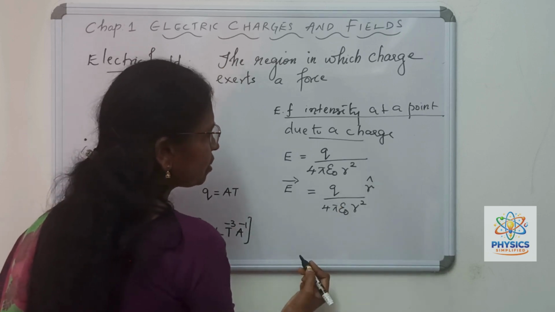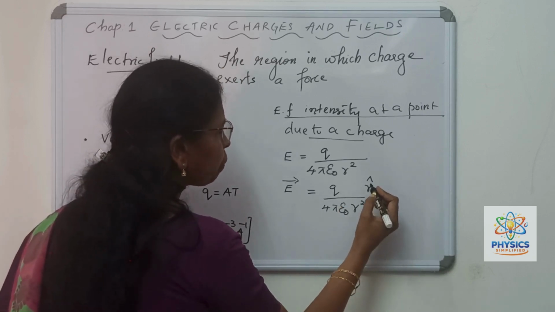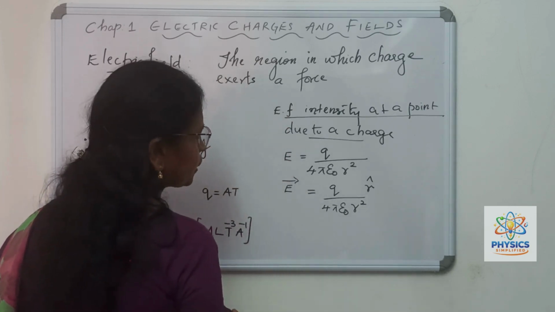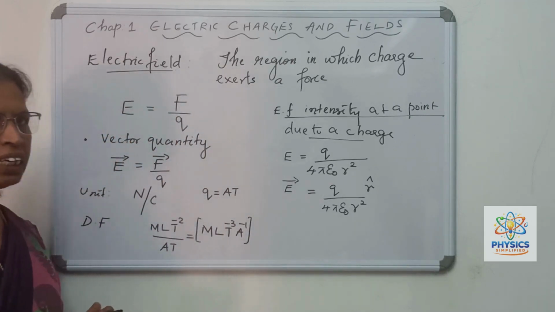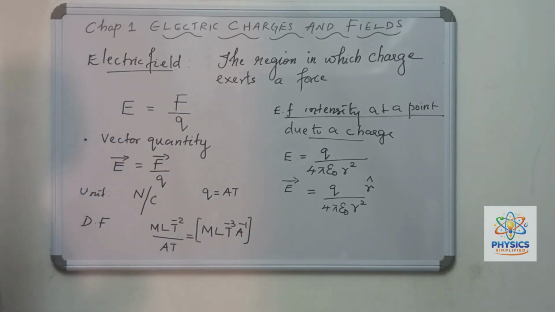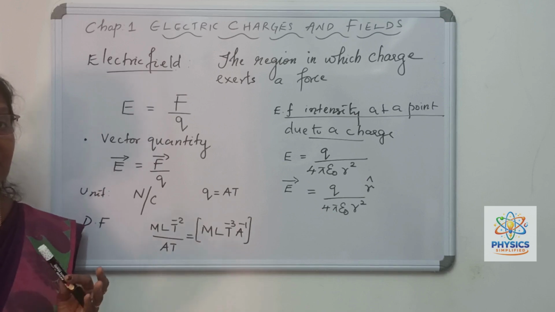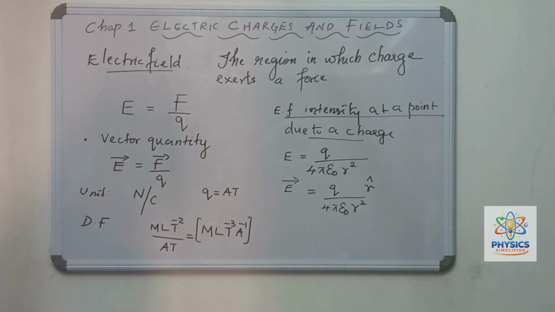Unit vector means it has unit magnitude, but it is used to represent the direction. Therefore, electric field intensity is a vector quantity and the direction of electric field is the same as the direction of force.